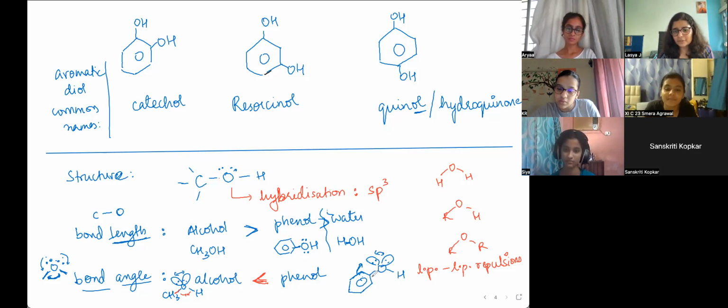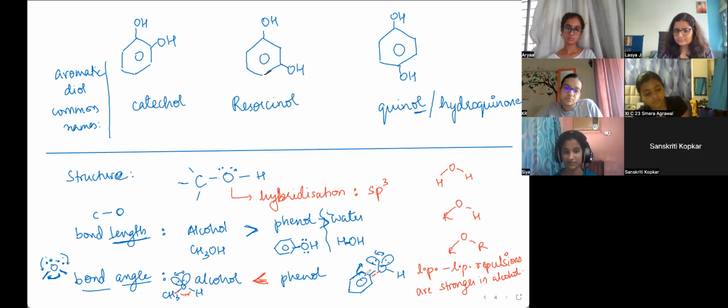Secondly, here double bond character is coming in. So here hybridization is changing to sp2. So that also increases the bond length slightly. So in phenol, the bond pair, lone pair repulsions are there, so that would push phenol away from oxygen and towards hydrogen. That's why it has a smaller bond angle.